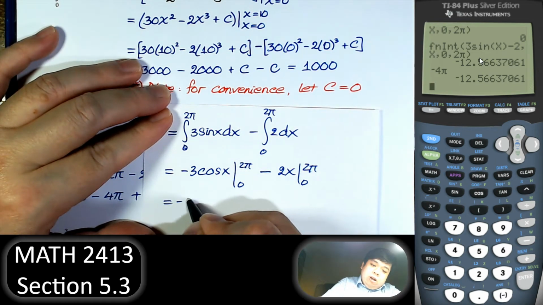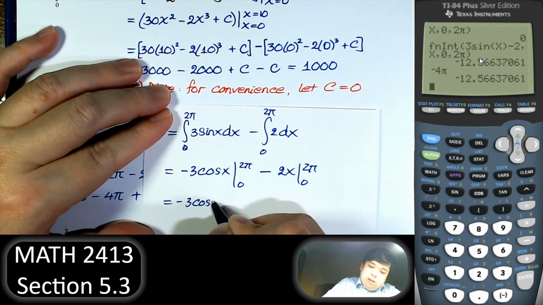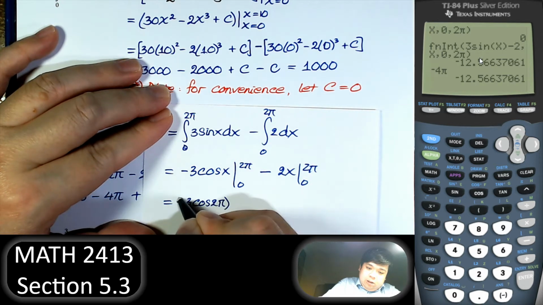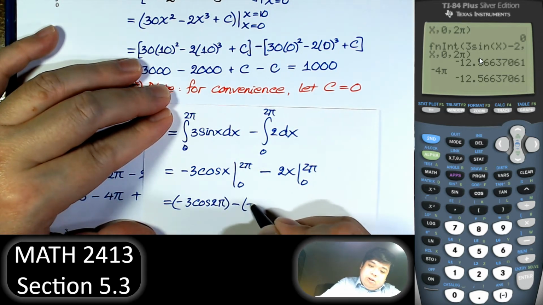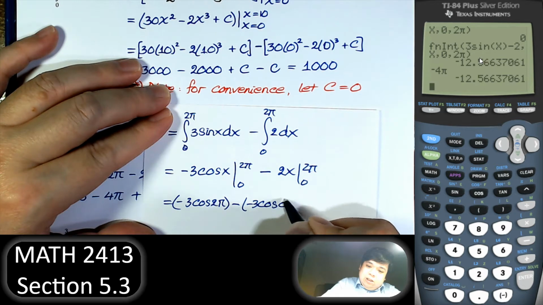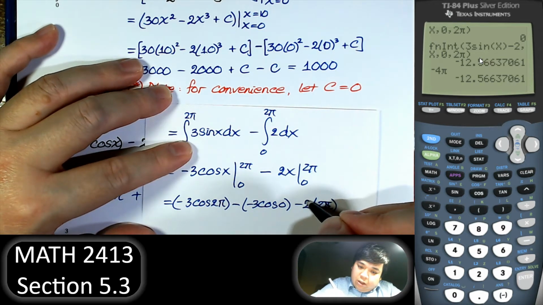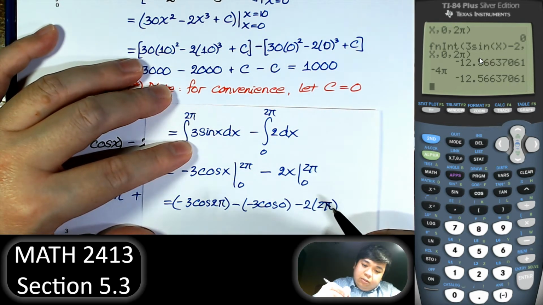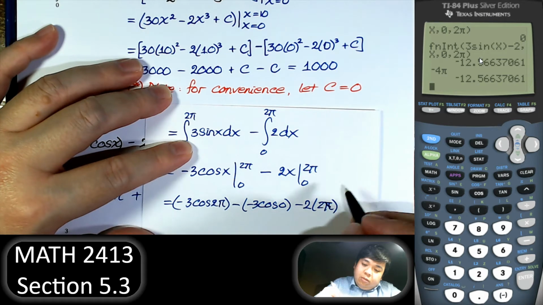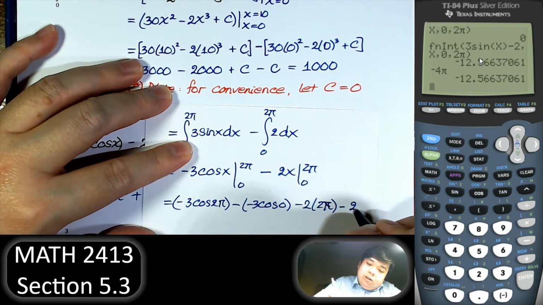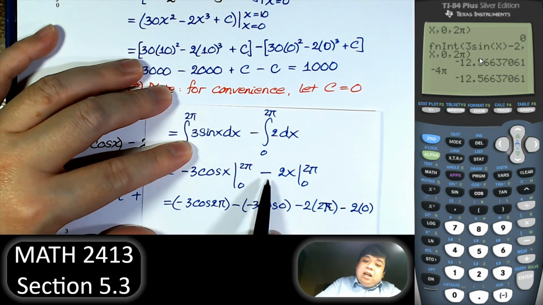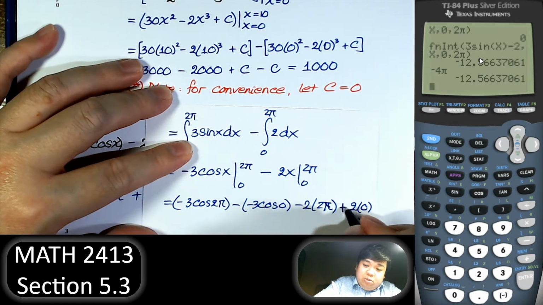Put in 2 pi, then put in 0, put in 2 pi, and then put in 0. Just make sure that it is minus, so that will be a plus.